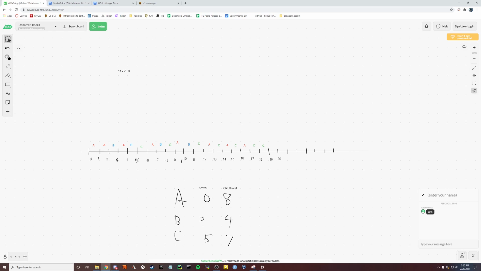Yeah, I think you're right that A would go next. It has 6 left to go, so it would finish at 12. So 12 minus 0?